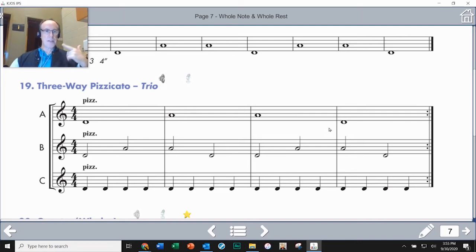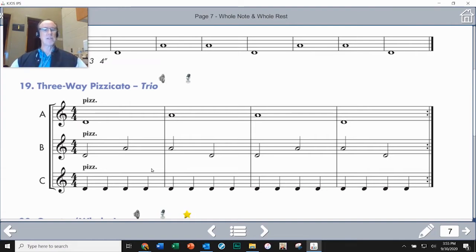It would be wrong to think that we're supposed to play A and then B and then C. That would be the wrong way to read this music. Because the music is connected on the end like this, you're supposed to play all three lines, A, B, and C, at the same time, which means we need three groups.